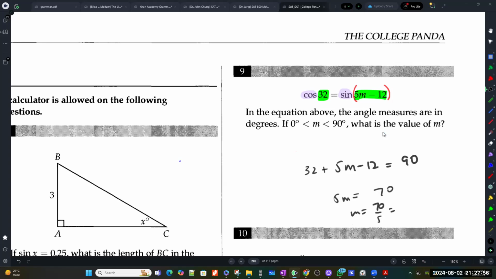Guys, when you add these two angles up, because sine and cos are the same, the sum of these two angles is 90 degrees. That's what we said. 32 minus 12 is 20. 20 goes over and becomes minus, 70. Divided by 5, so 70 over 5.